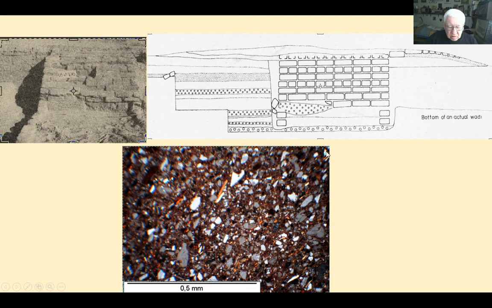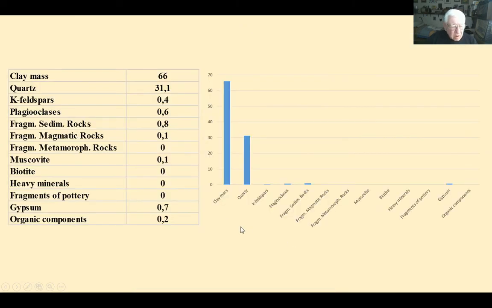And when we made a thin section for microscopic observation, one of the types of bricks looks like this. There is quite a lot of quartz and not too much clay mass, flakes of muscovite, and some heavy minerals. And the full microscopic, petrographic analysis looks like this. Clay mass is up to 66%, quartz 30%, slightly more, 30 or less.